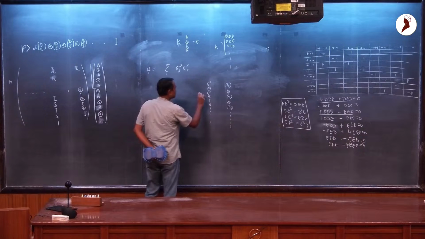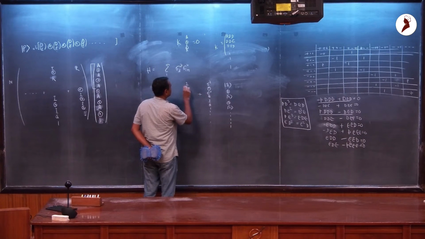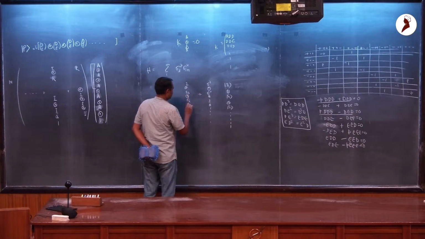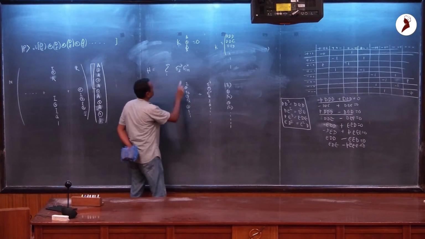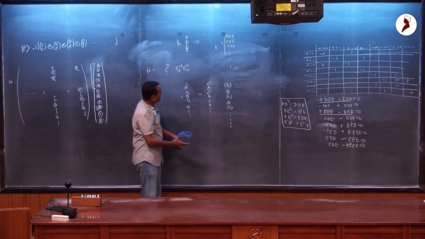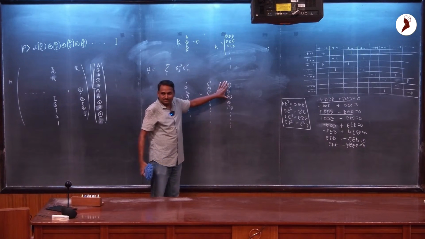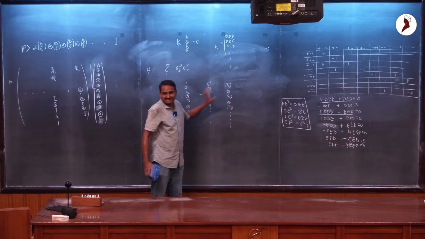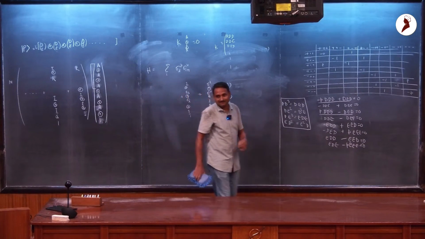Second term plus I cross sigma Z cross sigma X cross I cross I. This is the second term. So all it does is operate on these two, keeping the other things the same, plus the second two it operates on, keeps the rest the same. That is the way the state operates.